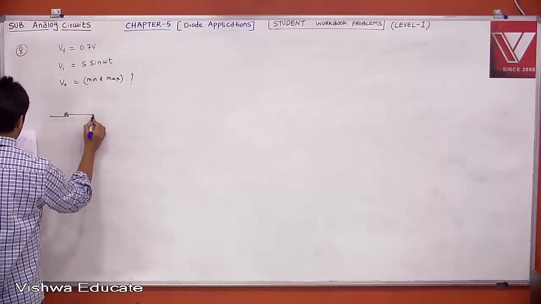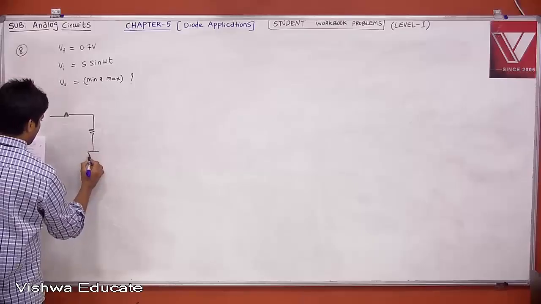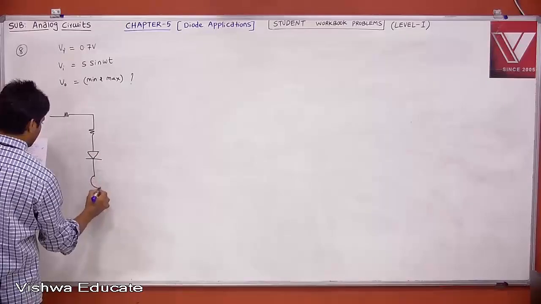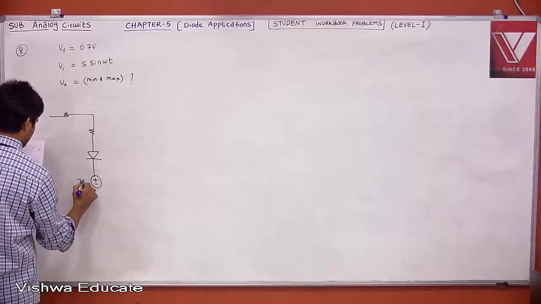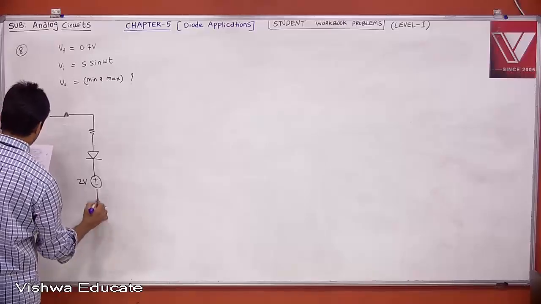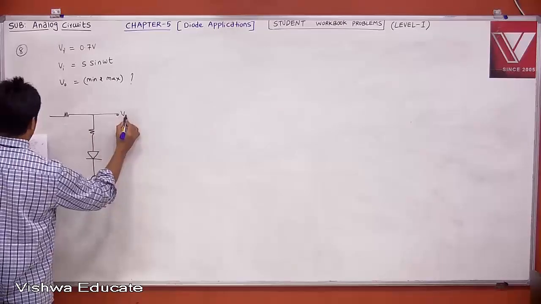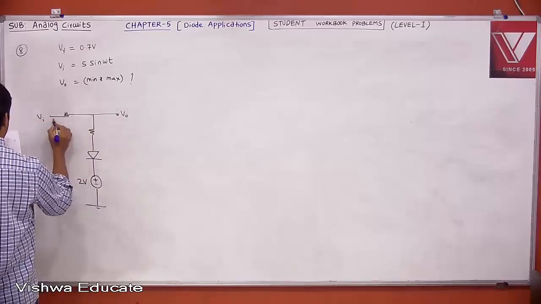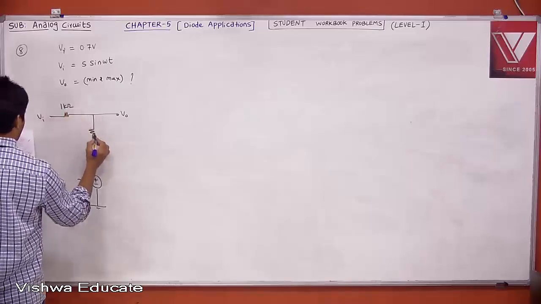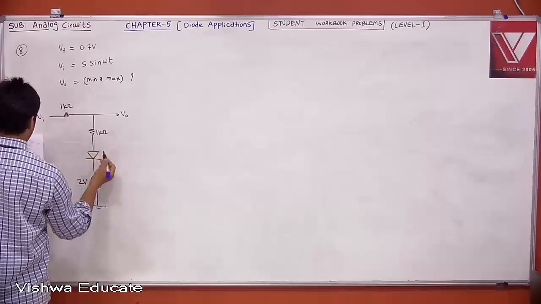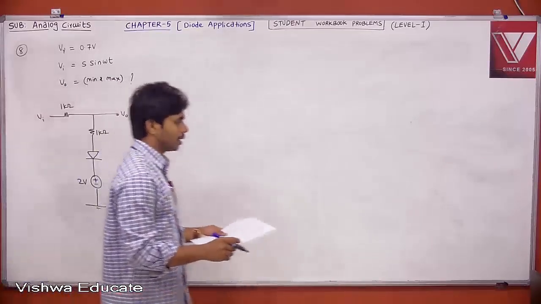The circuit is: this is 1 kilo ohm, this is 1 kilo ohm, and this is your diode. Okay.